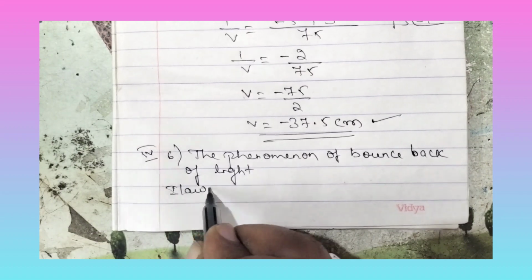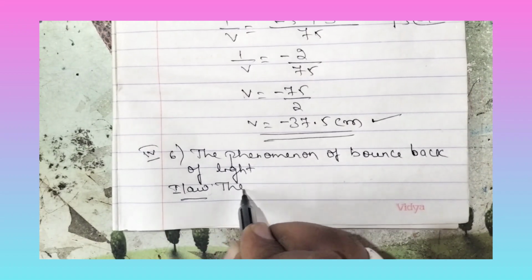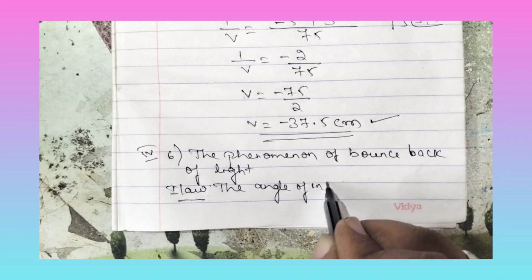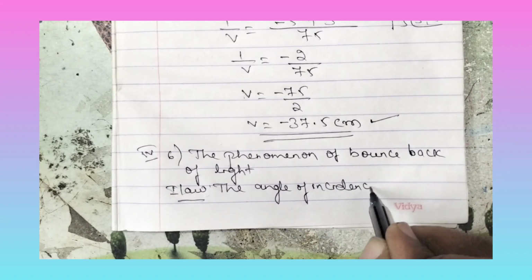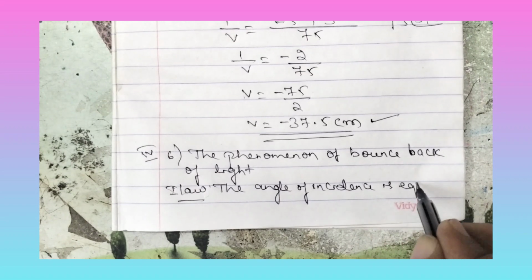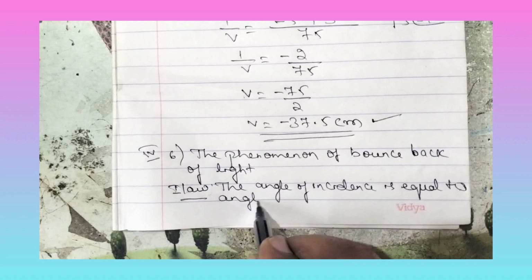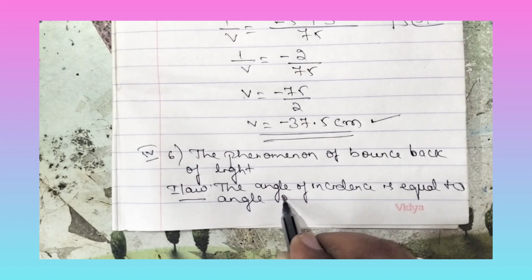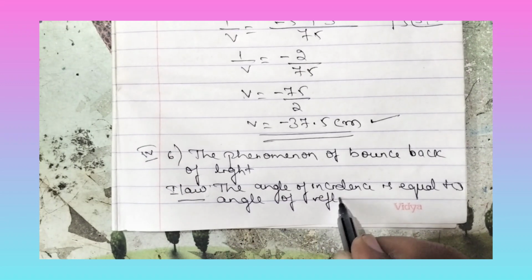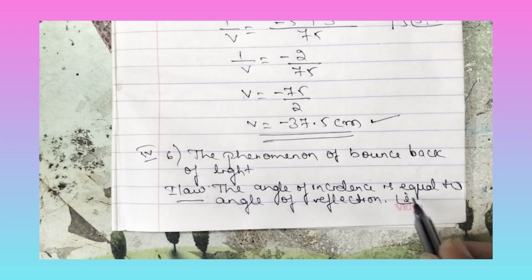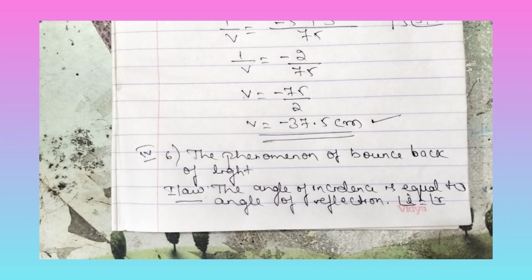Then what is the first law of reflection? The angle of incidence is equal to the angle of reflection. That is, angle i is equal to angle r.